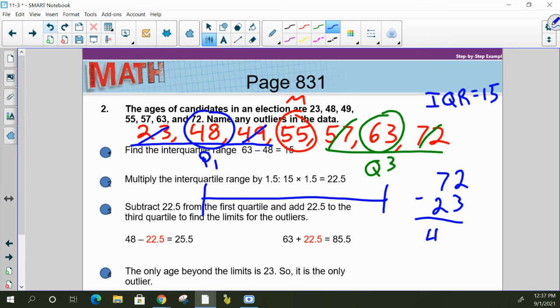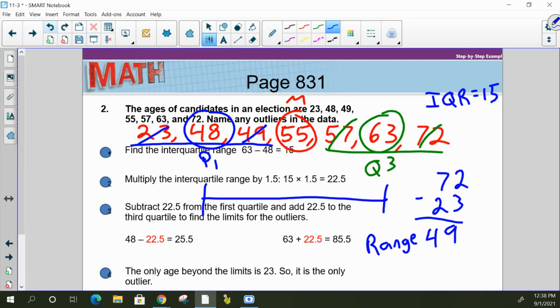All right. So our range is 49. From 23 all the way to 72 is 49. Our interquartile range is the inside of the quartiles, right? Inner, inside. Quartile 1 to 3, from 48 to 63, it's 15. There's one more thing we need to look at.